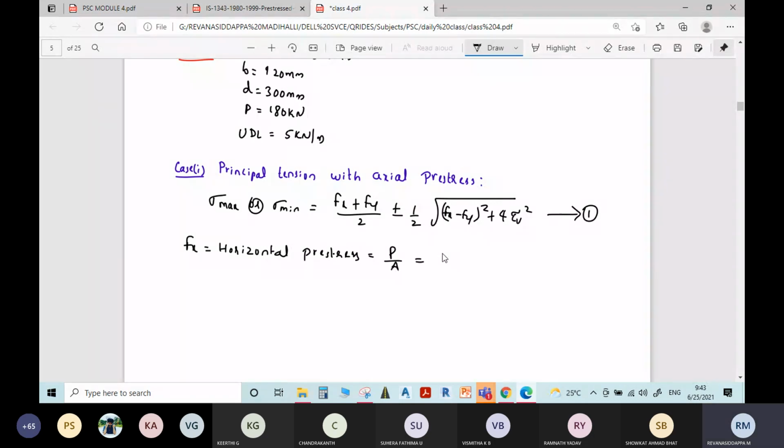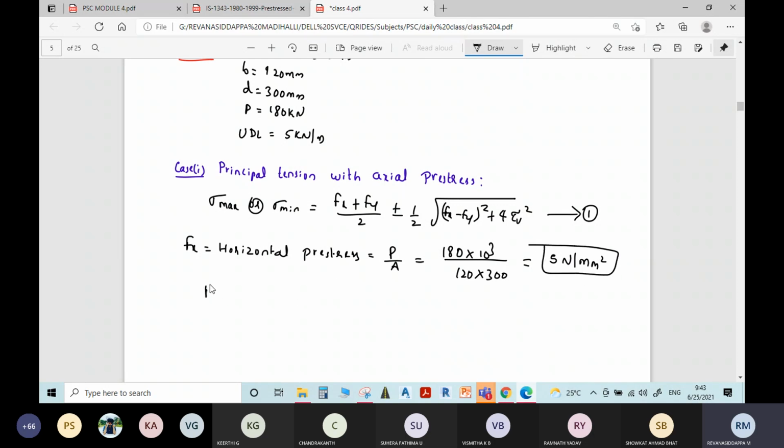P is how much? 180 into 10 power 3 Newton divided by area, B into D, 120 into 300. What is the answer here? 5. Previously we have calculated it already with the same dimension and with the same pre-stressing force. It is 5 Newton per mm square. Okay.